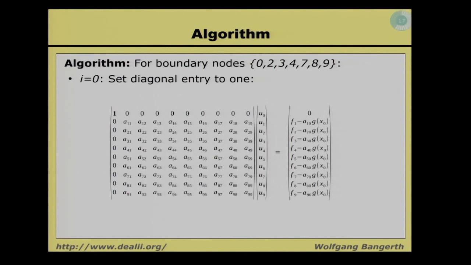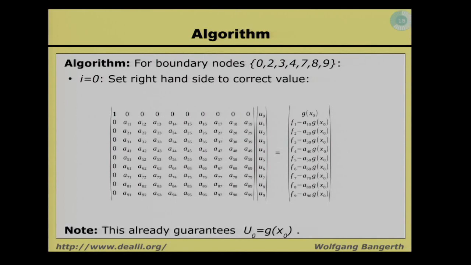Then I set a 1 on the diagonal, and I set the right-hand side to g of x0. And you see already this yields 1 times u0 equals g of x0. So that automatically means that the solution of my linear system is going to satisfy the correct boundary values for node number 0. Very convenient property.